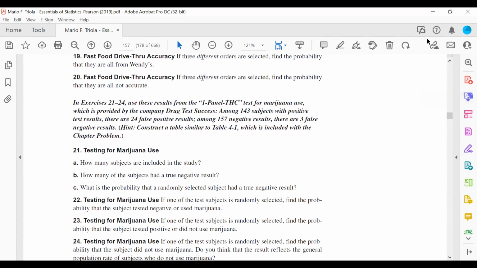So you're gonna have to build one from scratch. Use the results from the one panel THC test for marijuana use, which is provided by the company Drug Test Success. All right, so they're gonna give us the numbers to fill in our Punnett square.